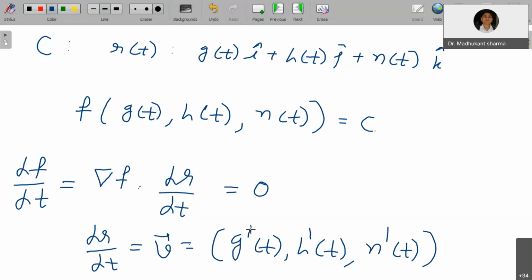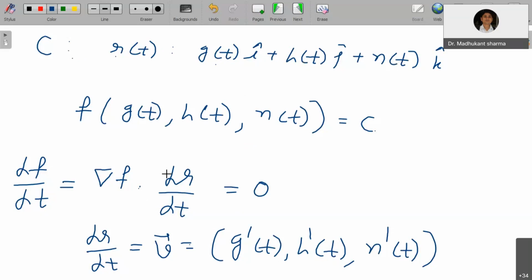It's very well confirmed from here that we are assuming that the curve C is smooth, meaning that g, h, and n are differentiable.